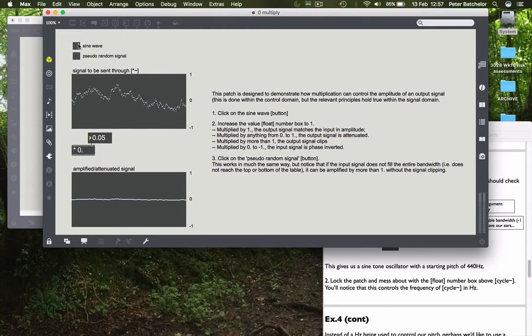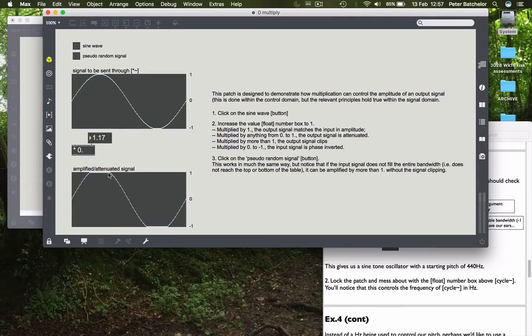Going back to the sine wave, what happens if we multiply above 1? Well, at that point, because the system can only accommodate a certain number of values between -1 and 1, if we go above those, then we end up with clipping.